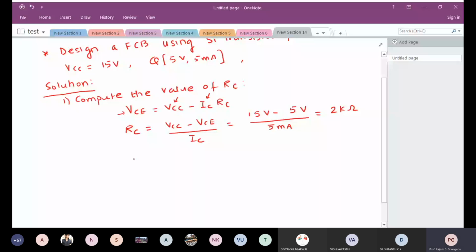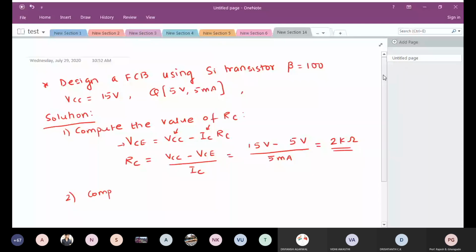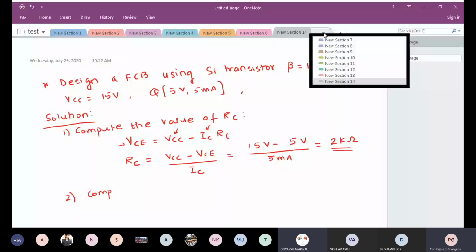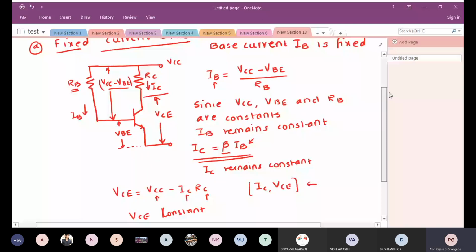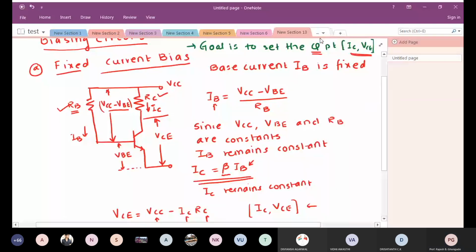Now design means what? Designing means we have to simply find out the value of RB and RC, and that is it. That is the design.